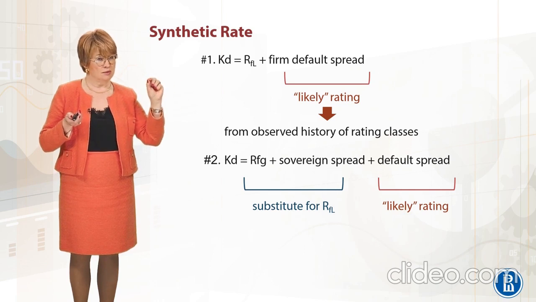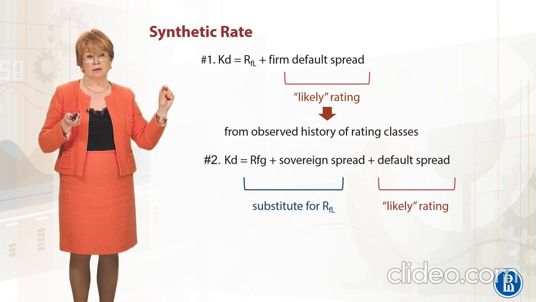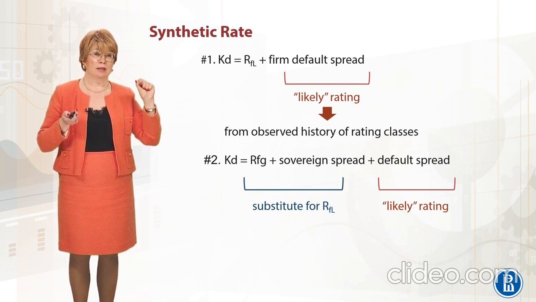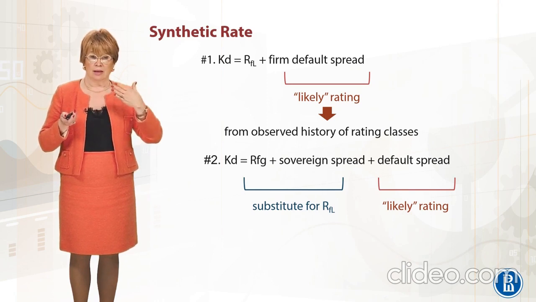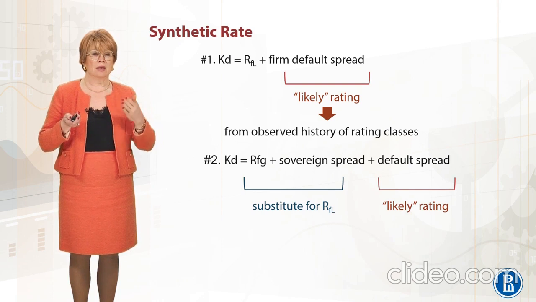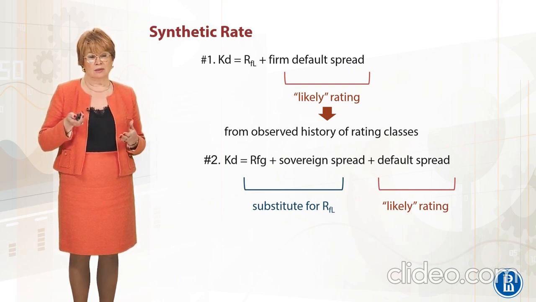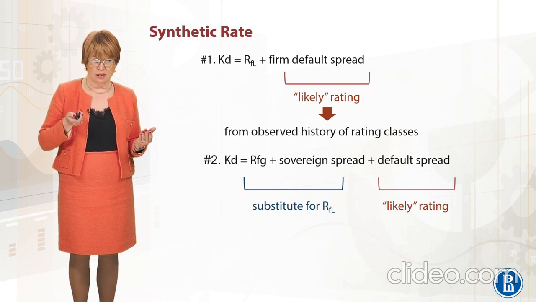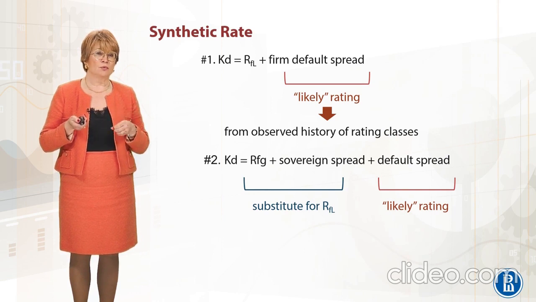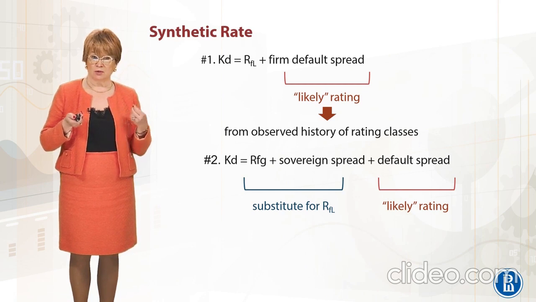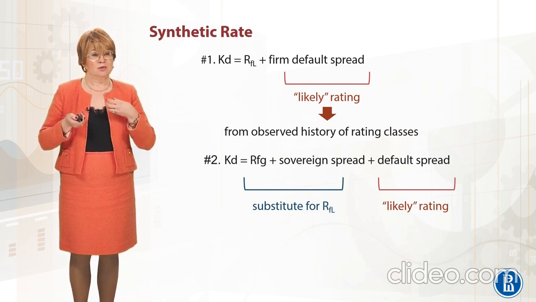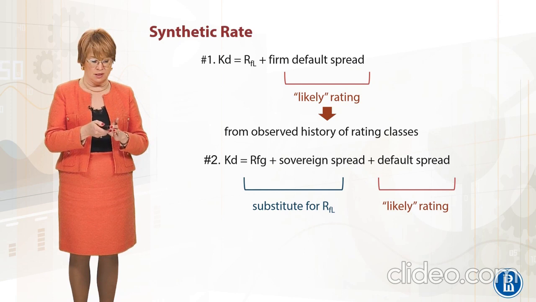Remember, in the capital asset pricing model for emerging capital markets, when we needed the risk-free rate, we also applied a risk-free rate from the benchmark or global risk-free rate, and then we added the sovereign spread. The same type of steps should be here. In formula number 2 on that slide, we are making these first two steps to get the substitute for the local risk-free rate with the help of the sovereign spread historically observed. And the third step would be the default spread, also historically observed from particular ratings.